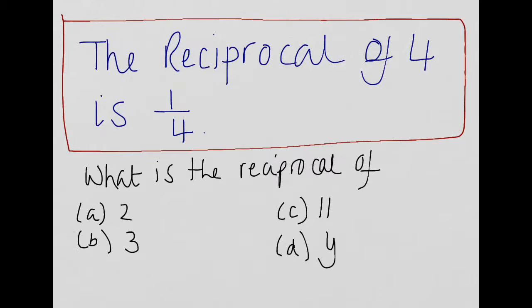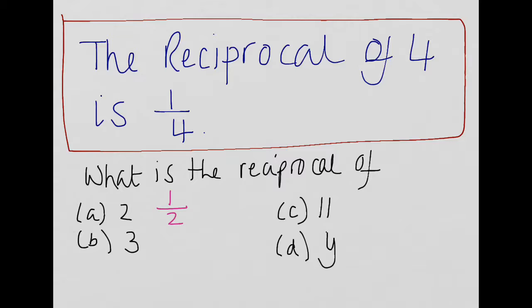So the reciprocal of 4 is 1/4. Now, so if the reciprocal of 4 is 1/4, let's have a look at what's happened here. 4, and now I've written 1 out of 4. So what is the reciprocal of 2? Well, if the reciprocal of 4 is 1 out of 4, the reciprocal of 2 is 1 out of 2, which is 1/2.